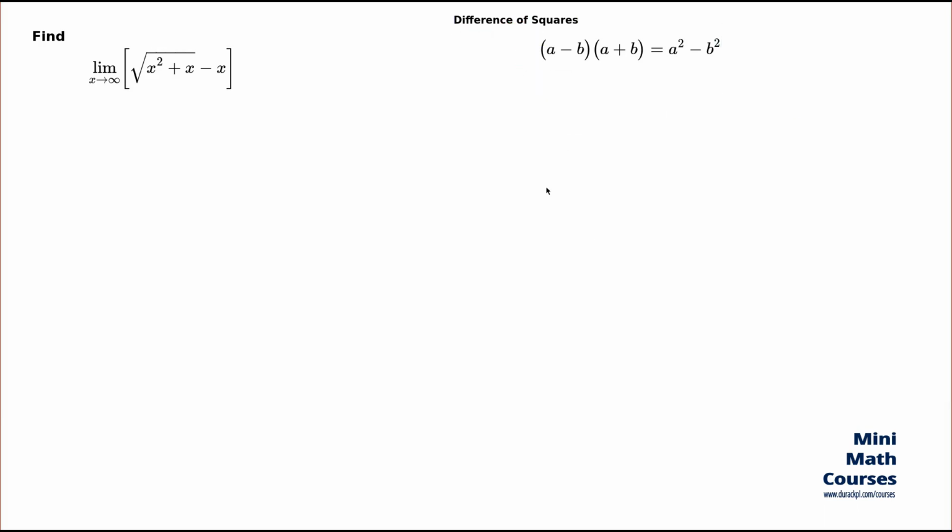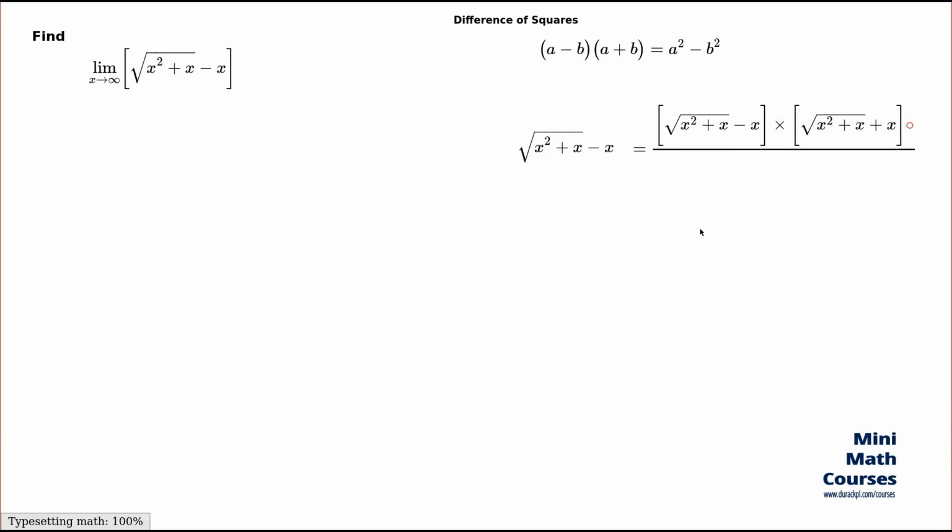My first step will be taking this expression, and I will treat this expression as if it's A take B. This is A and this is B. And I will introduce the second factor, which is A plus B. Here it is. And of course I will cancel that factor to ensure that we have identity in my relation.